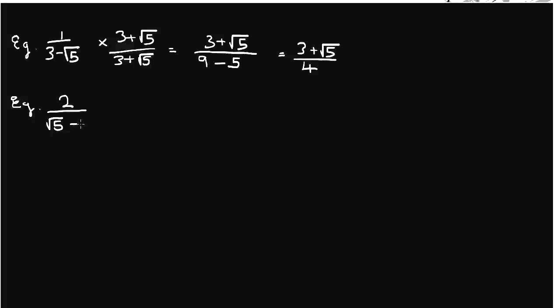This one, we've got 2 over root 5 minus 2. So what are we going to multiply the top and bottom by? Well, the conjugate of root 5 minus 2, which is root 5 plus 2.